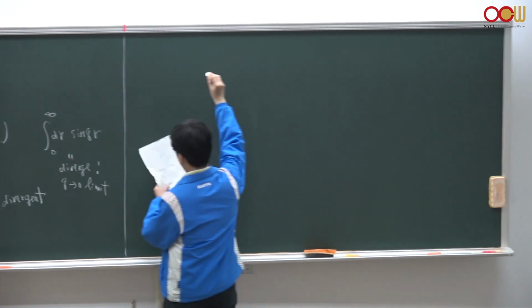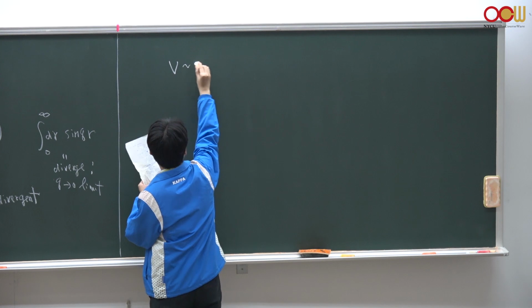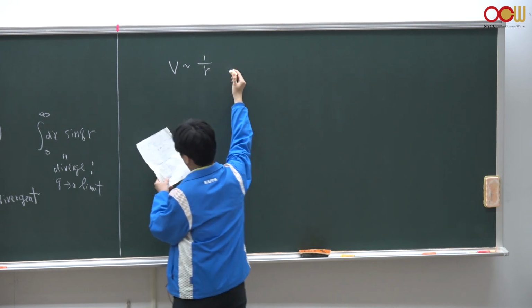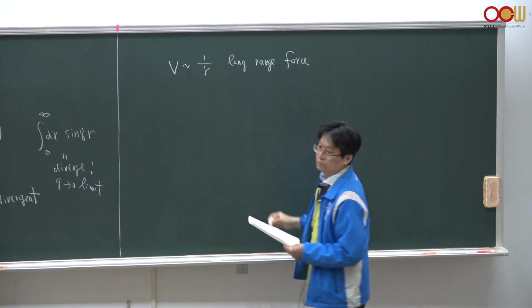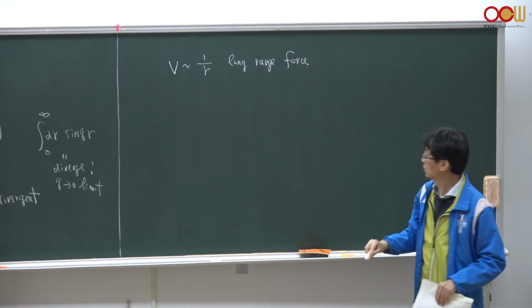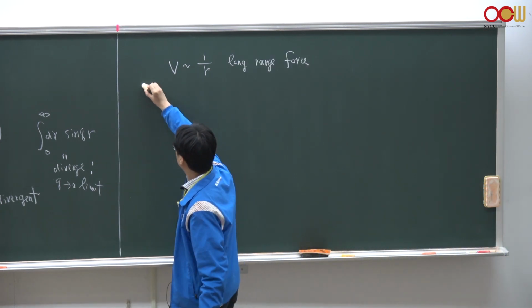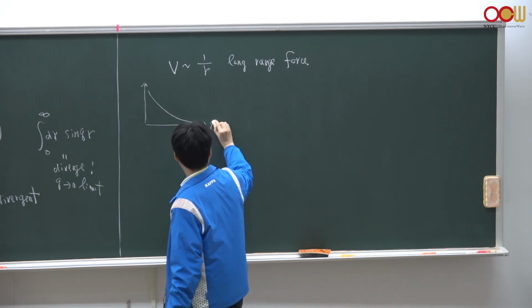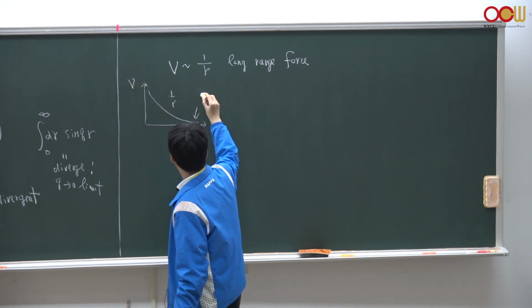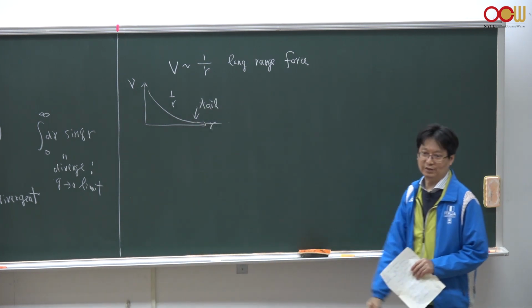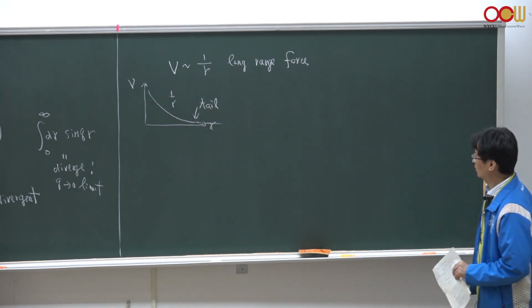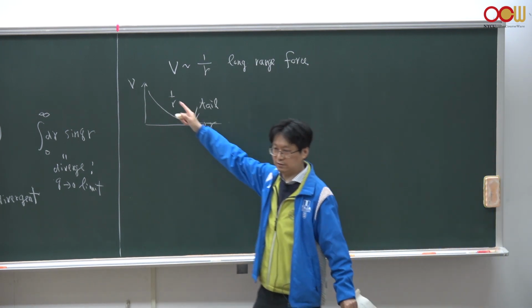So as I mentioned, this V is actually proportional to this 1 over R, which is a long-range force. So because of this 1 over R potential, it doesn't vanish in the long distance limit. So there's a long tail. When R goes to very large value, this potential doesn't vanish.